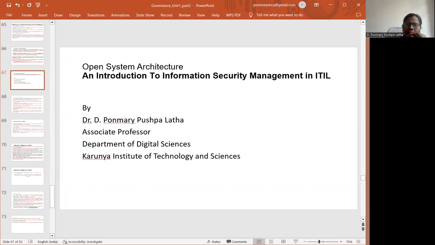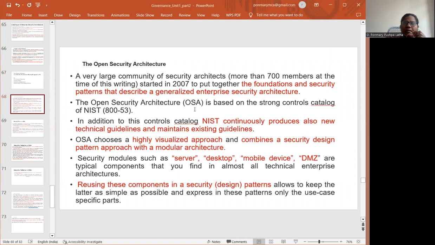Today's class, we are going to see about the open system architecture and an introduction to the information security management framework. So the open system architecture provides the security patterns.